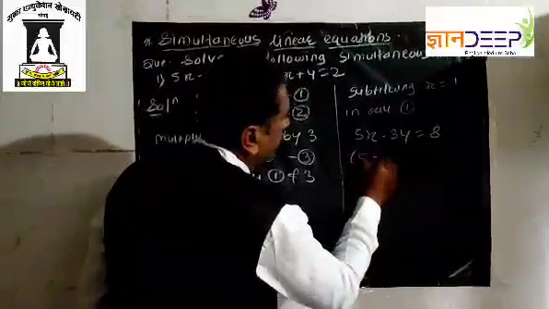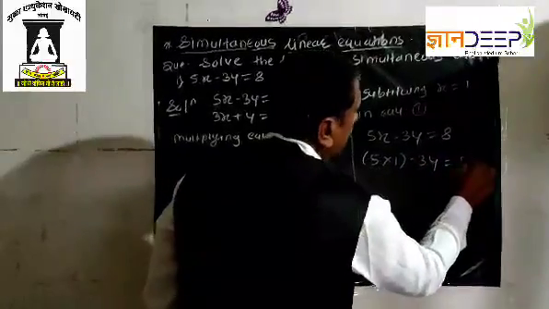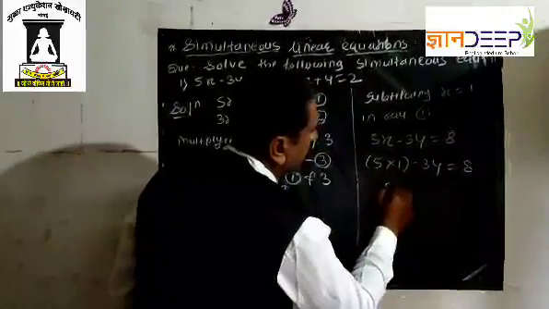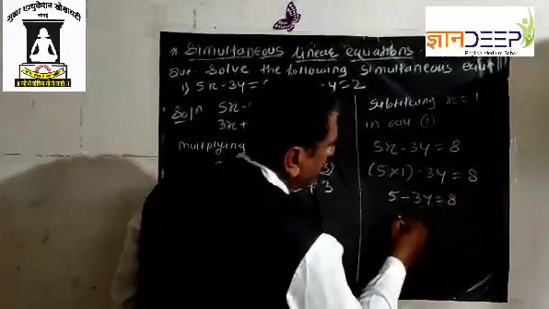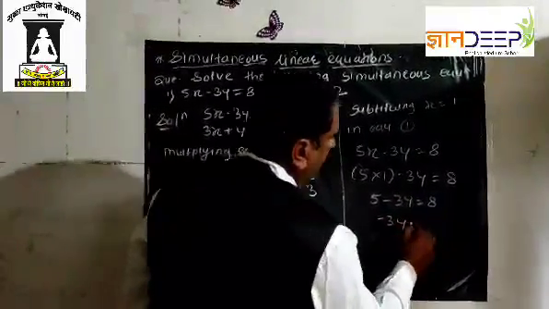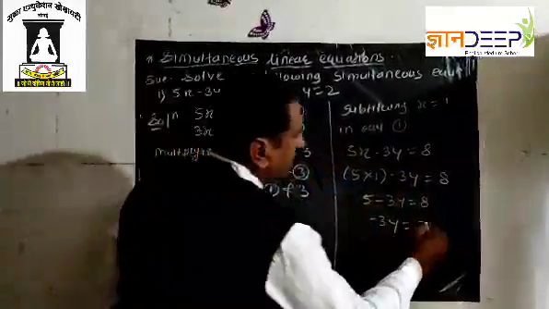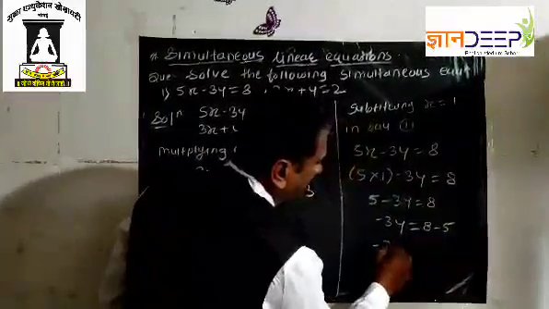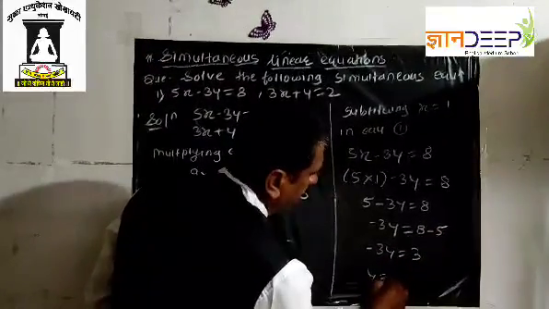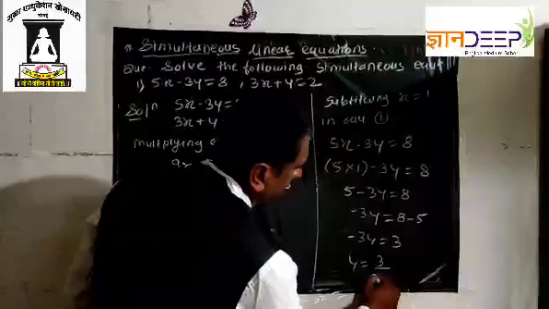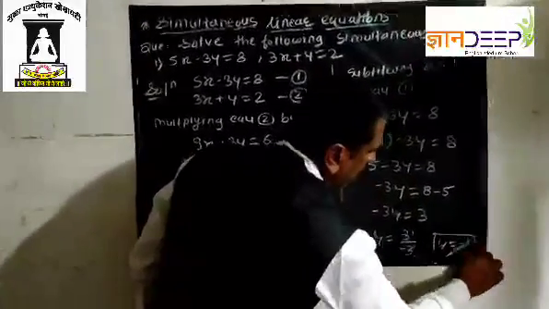So 5 into the x value 1 minus 3y is equal to 8. Then 5 ones are 5. 5 minus 3y is equal to 8. Transposing this plus 5, it becomes minus 5. Then minus 3y is equal to 8 minus 5, 3. Then transposing this minus 3, y is equal to minus 1.